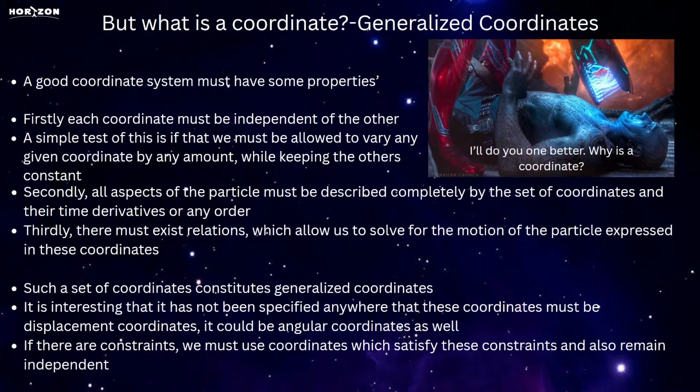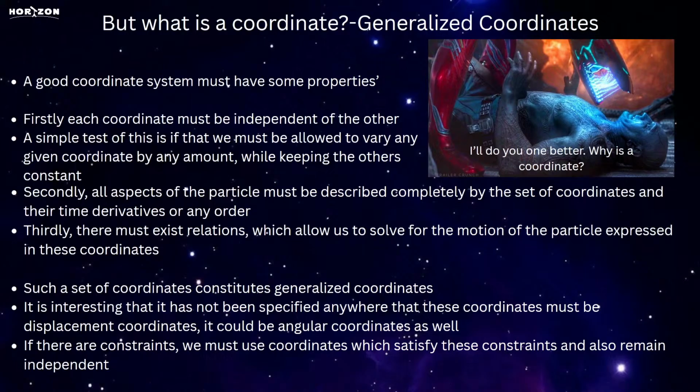Okay, so generalized coordinates. Well, you definitely know about the Cartesian coordinate system, but that is not the only coordinate system there is. In fact, we can make our own coordinate systems. So here come generalized coordinates. They just need to follow three simple properties. First, each coordinate must be independent of one another, and we can simply check it by varying one of the coordinates and keeping the others constant.